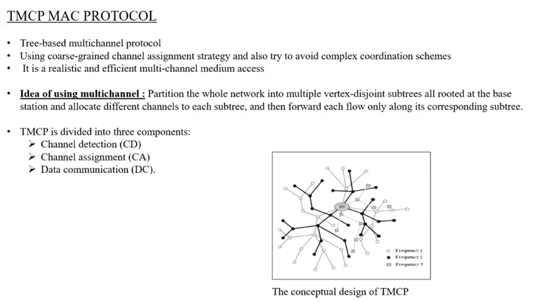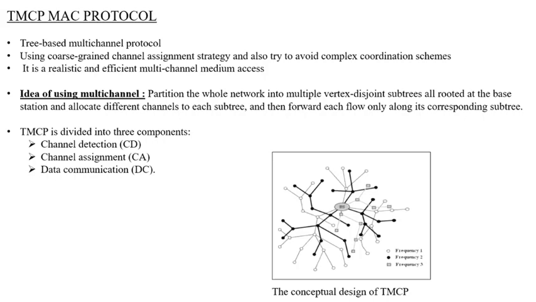Because the same channel is assigned to all nodes of one subtree, the intra-tree interference cannot be avoided and becomes a main reason which affects the performance of this protocol. So the goal of partitioning is to divide the network into subtrees, each of which has lower intra-tree interference.